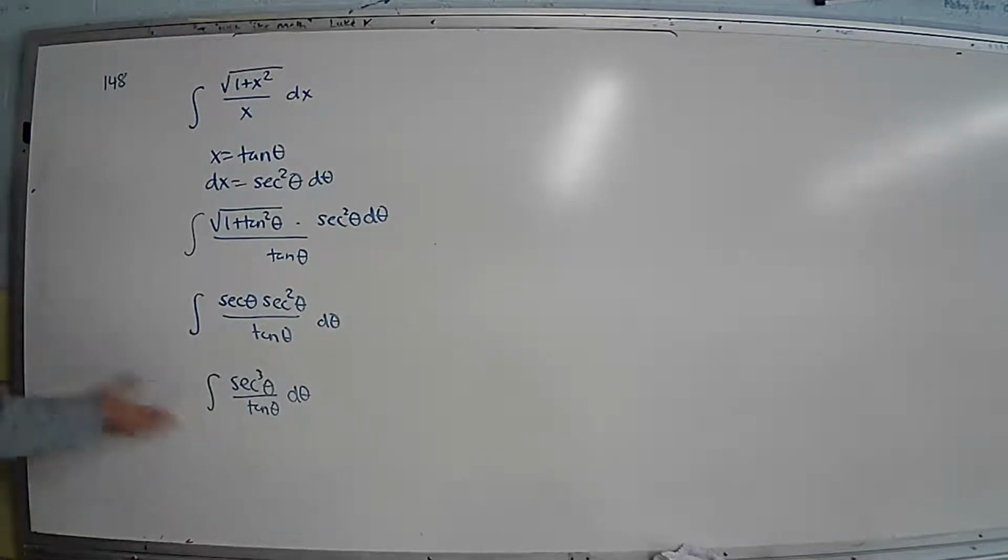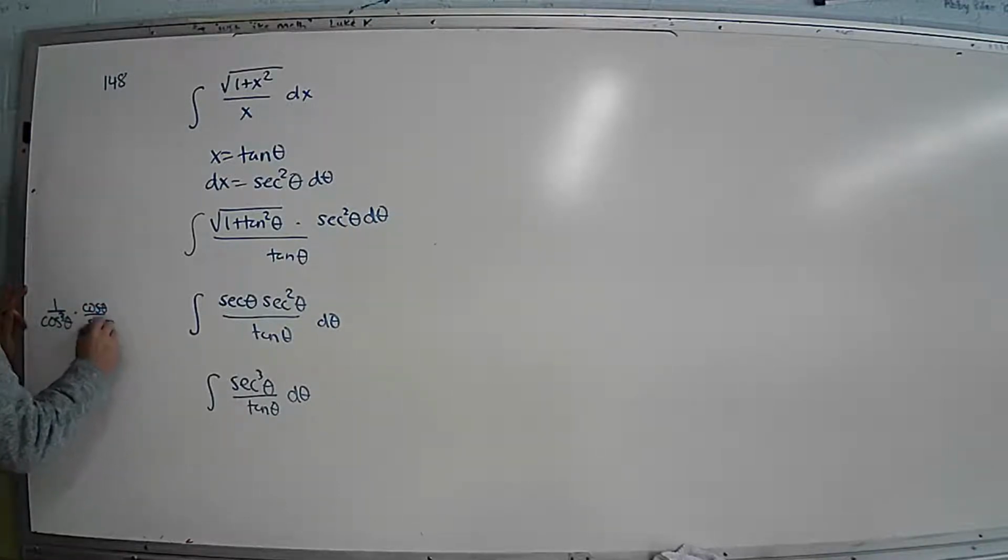Off to the side, I said, okay, secant cubed is the same as 1 over cosine cubed, divided by tangent is the same thing as multiplying by the reciprocal of tangent, which is cosine over sine. And then I said, oh, okay, so that's going to be 1 over cosine squared times 1 over sine.